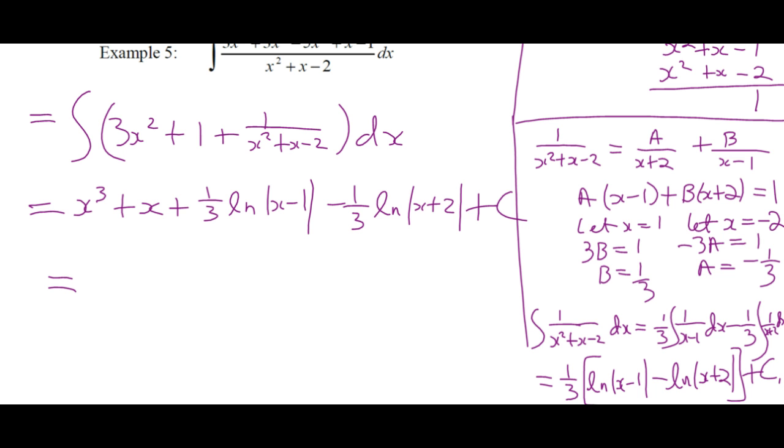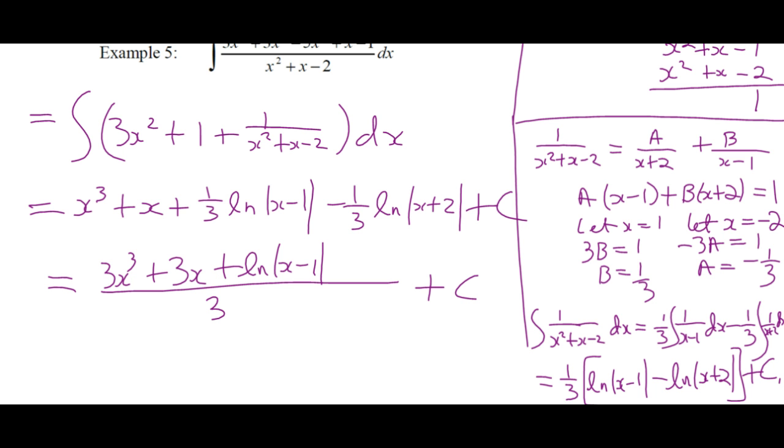So let's put a 3 on the bottom, which means this has to become 3x cubed plus 3x plus ln minus ln, all over 3, plus C. It's a third of what it was. So this will be C2 and this will be C3.